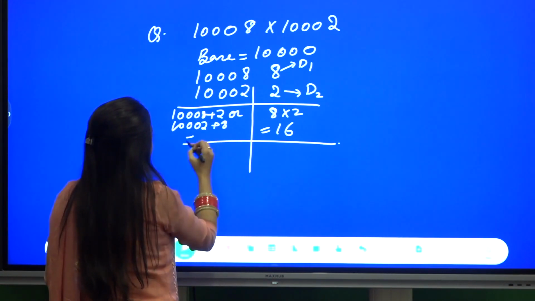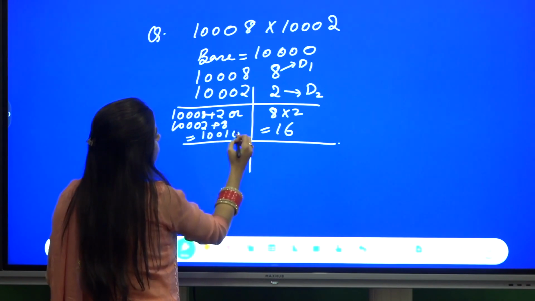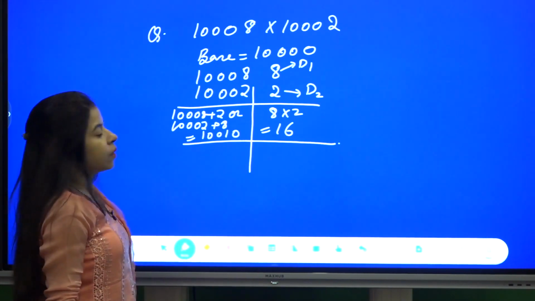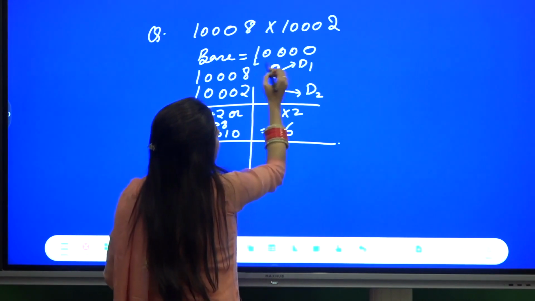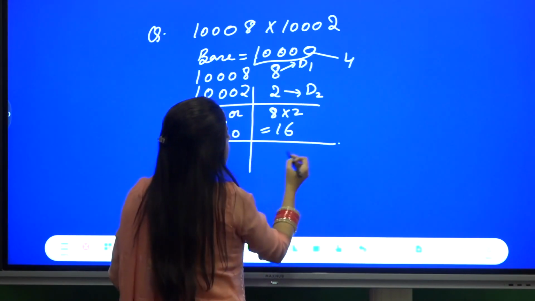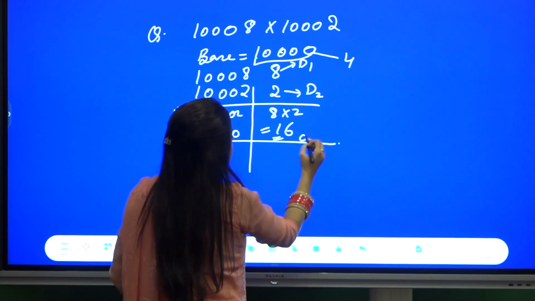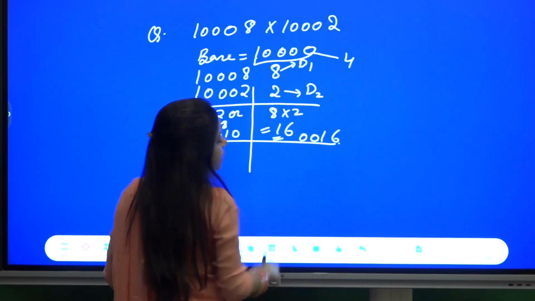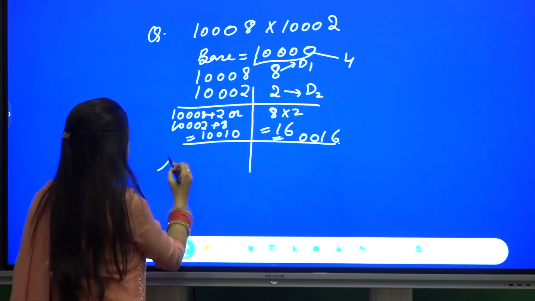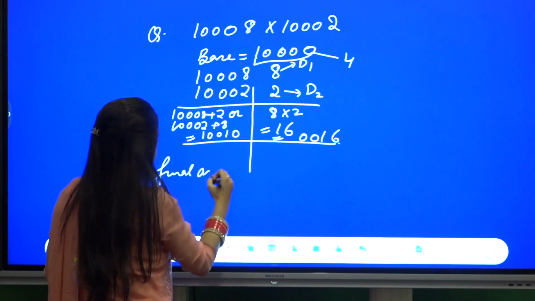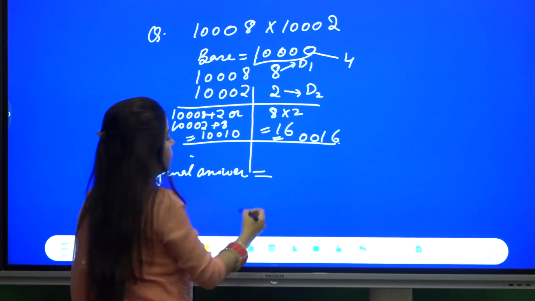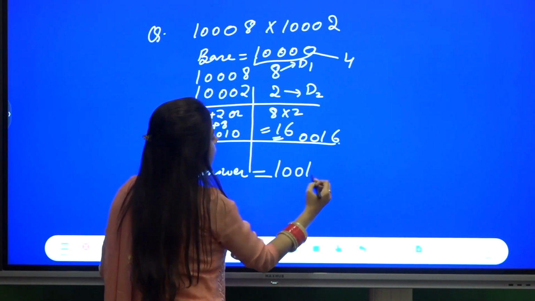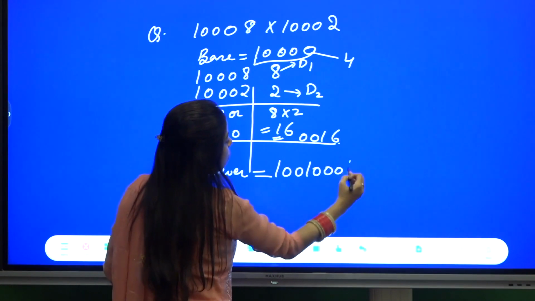We are getting 10010. Now, since the number of zeros in the base, which is 10,000, is 4, 16 will be written as 0016. So the final answer is the combination of left part and right part, which is 100100016.